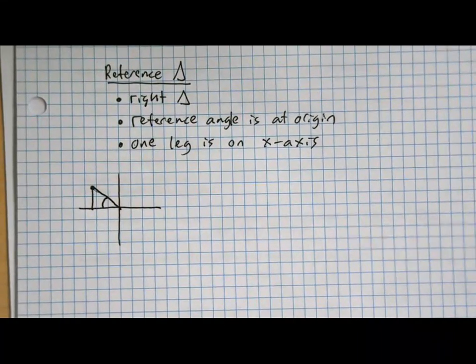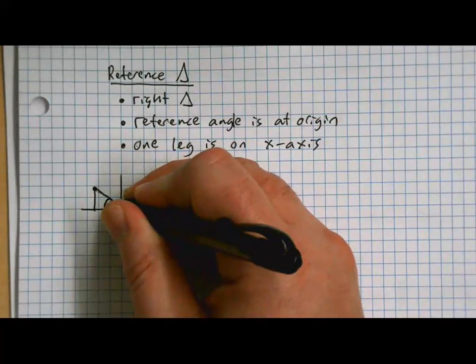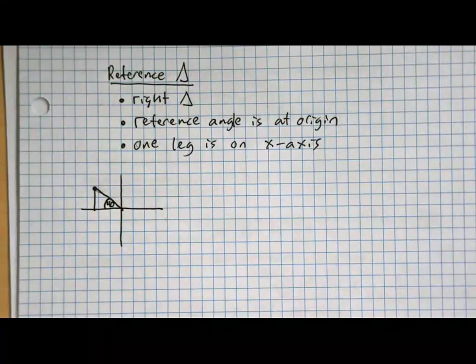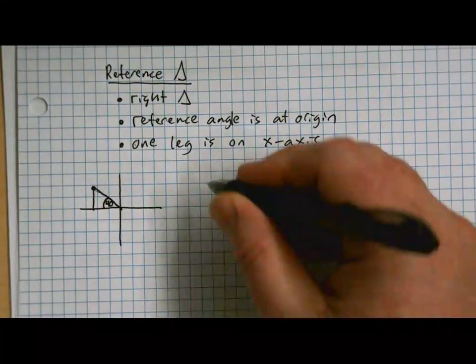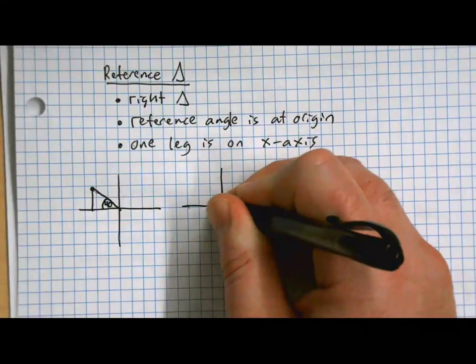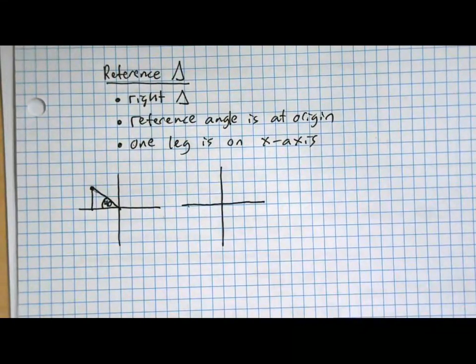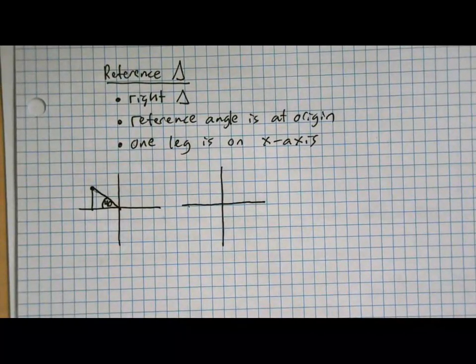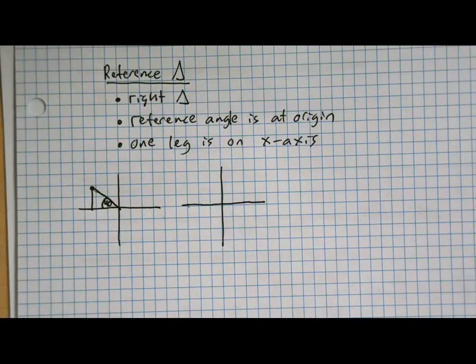Now I want you to imagine that this reference angle is a 40-degree angle. Do you think you could draw me a reference triangle in the first quadrant that would also have a reference angle of 40 degrees? Now keep in mind it's going to be a right triangle.